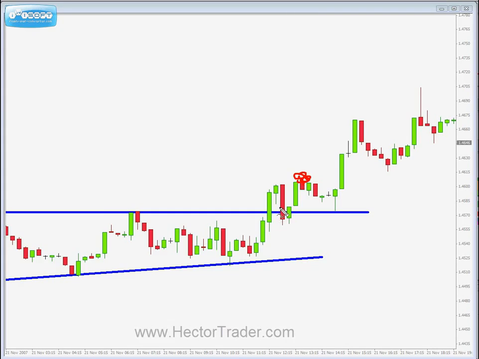Here, like I was saying before, it overshot a little bit. That's not a big deal. As I always say, markets are not perfect. You cannot expect levels of support and resistance to be respected right to the pip. That never happens, or very rarely happens.